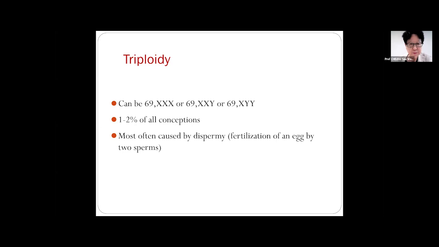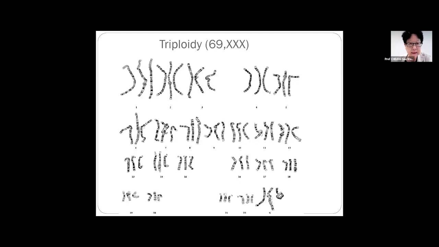And actually, it's pretty common too. Here you see three chromosome 1, three chromosome 2, and all the way down to three chromosome X. So 69,XXX.